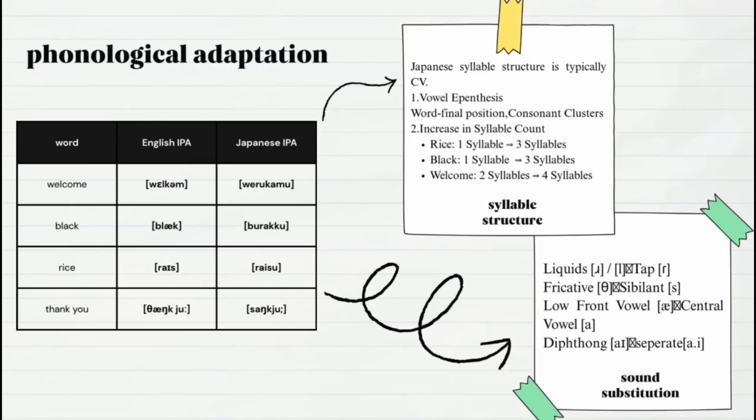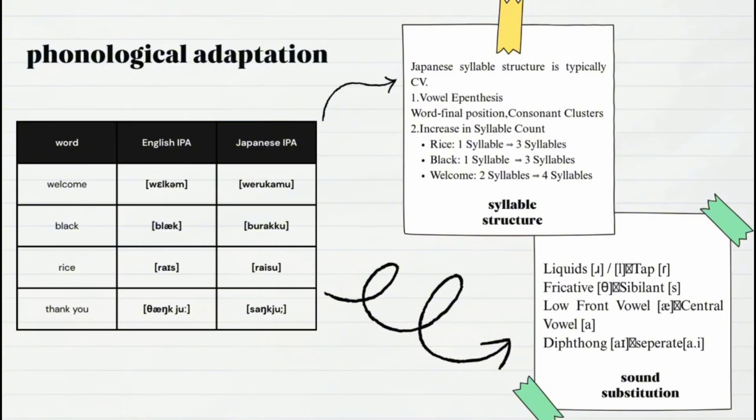In these words, we can see English IPA is different from that in Japanese. And talking about Japanese, their syllable structure is typically CV, which includes the vowel epenthesis and the increase in syllable count.